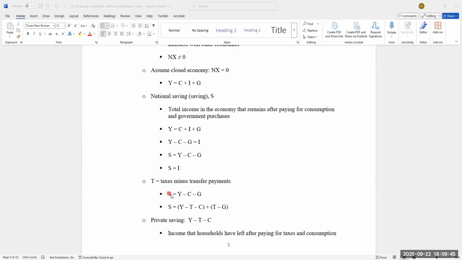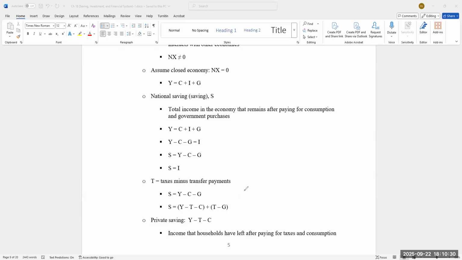Well, remember, S is equal to Y minus C minus G. So savings is Y, output or income, minus consumption. When you put taxes minus transfers in here, consumers lose taxes. They have to pay taxes. And the government makes taxes.